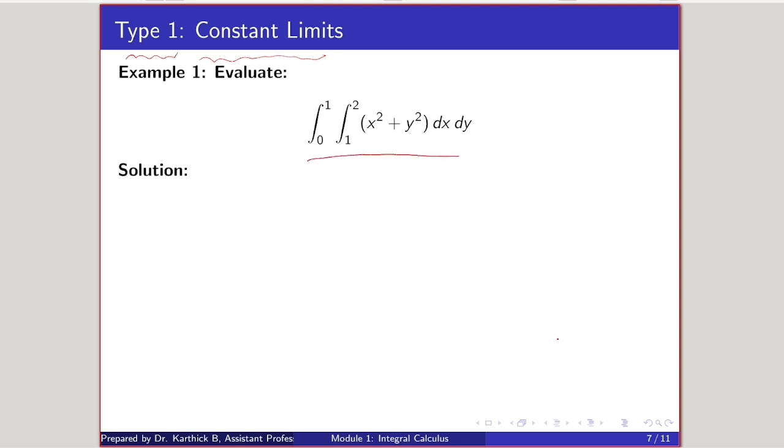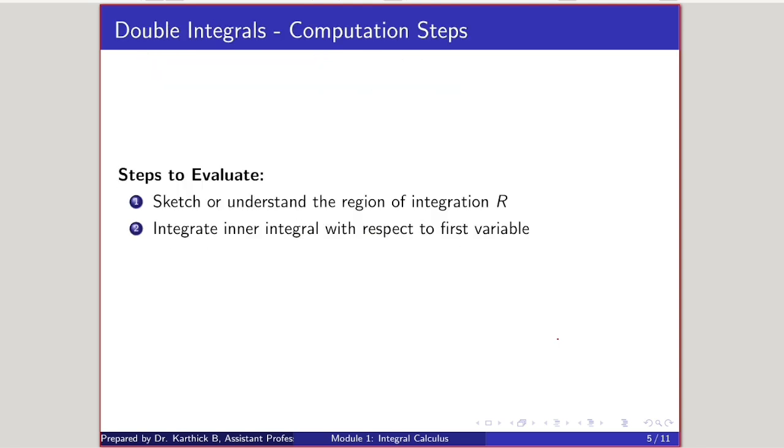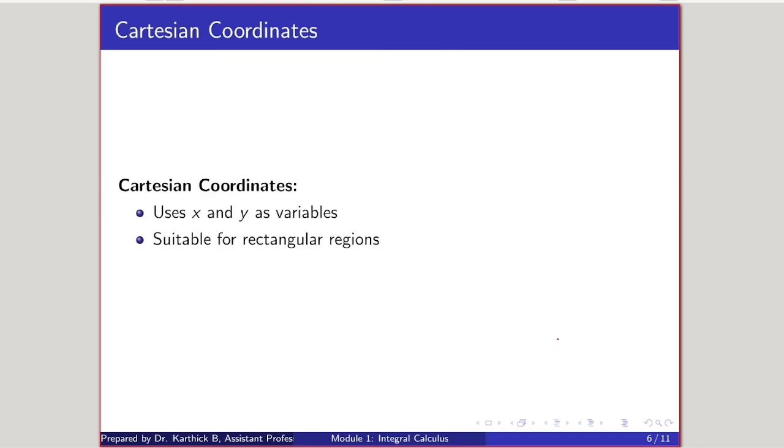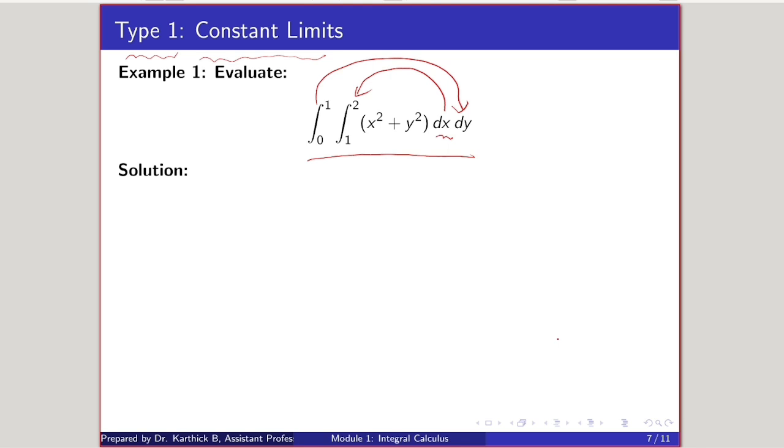Just see the given problem. The second integral limits correspond to x, and the first integral limits correspond to y. As I said before, first we want to sketch or understand the region, because in that region we are going to evaluate the given function with respect to the variables x and y.